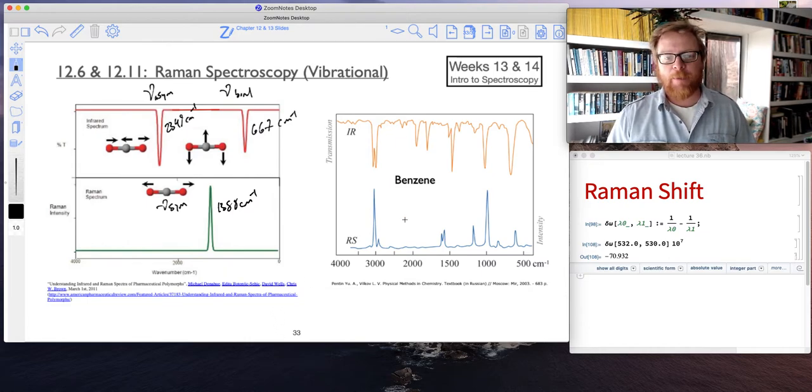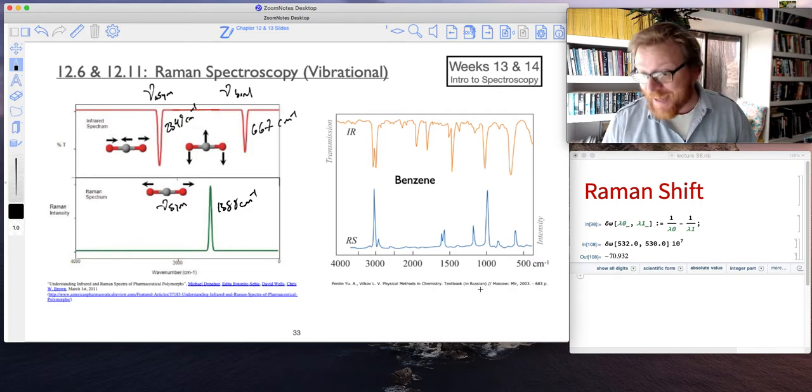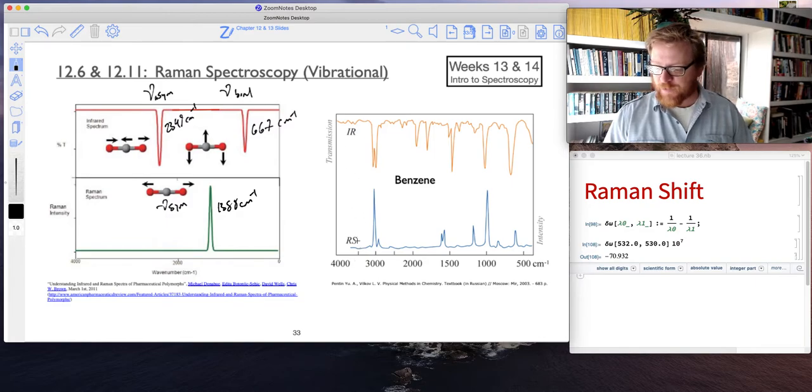Here's another great example of the Raman shift for benzene versus the FTIR. And you can see that there are some peaks that match up and some peaks that don't. So some of these peaks are Raman active, some of them are IR active. Okay, so these serve as great diagnostics when you can do both Raman and IR.